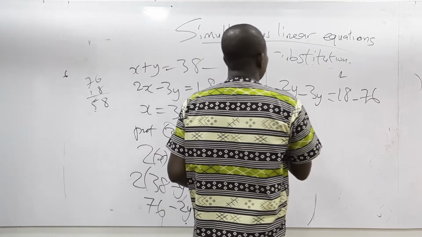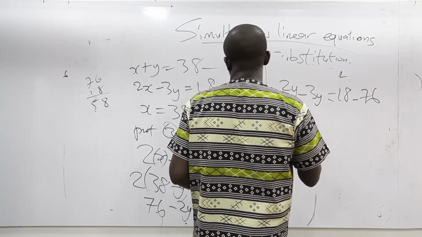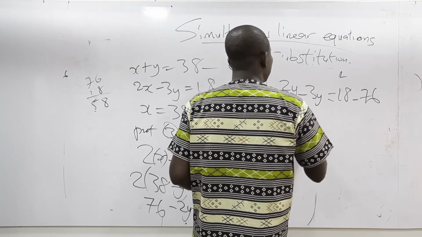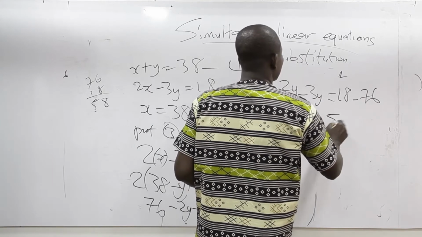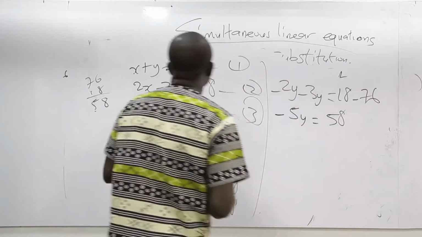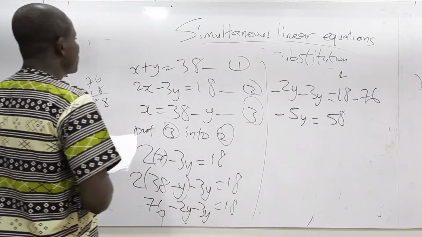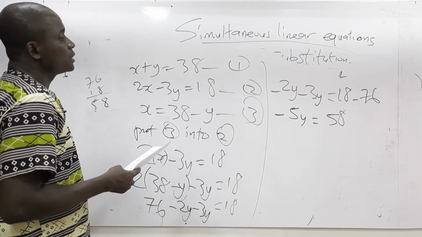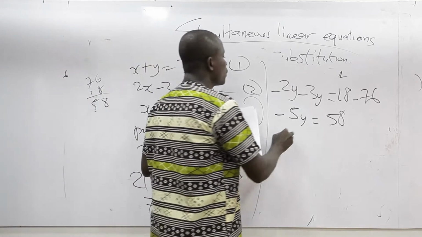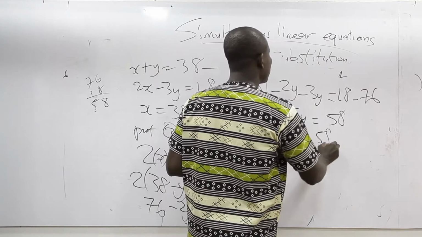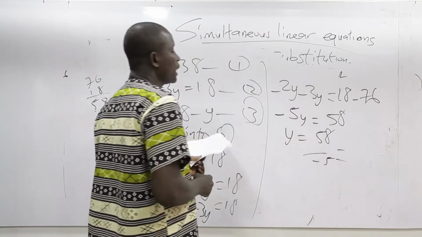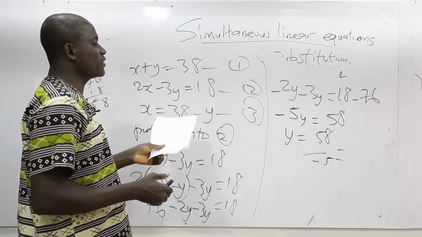So we have negative 5y is equal to negative 58. Now if you want y, we just divide 58 over negative 5, and when you work it out, you're going to get around 11 point something.